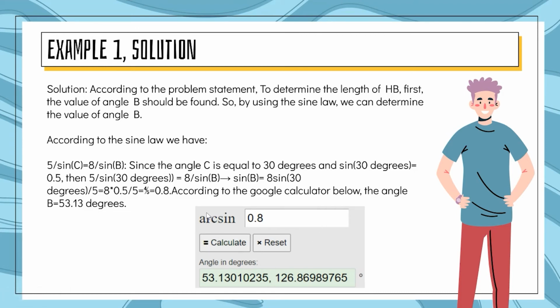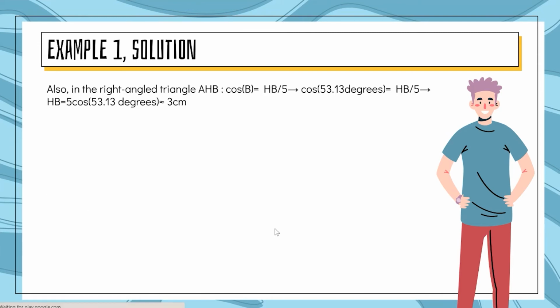You can go to Google and search for Google calculator, and you can add the numbers if you want, and you should use a calculator. And here it also writes the angle triangle HB cosine B, HB5 cosine 53 degrees.